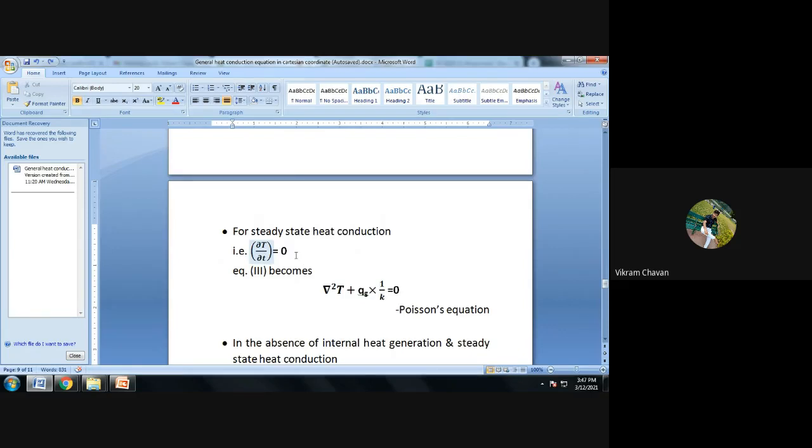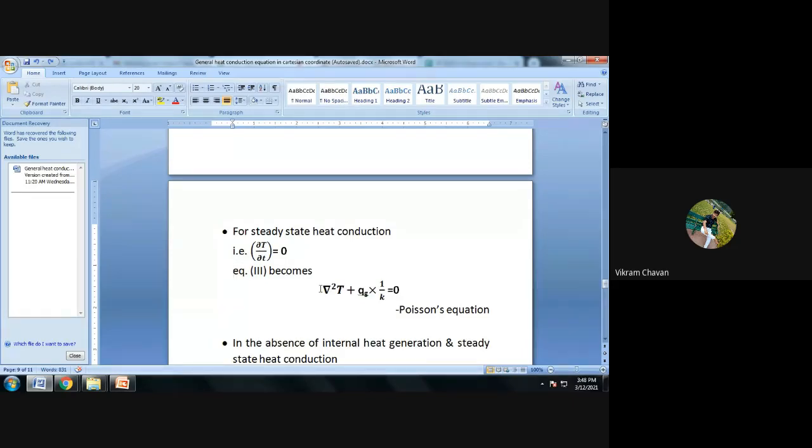When we modify equation number 3 by applying the steady state assumption, we get del square T plus Q suffix G multiplied by 1 upon K equal to 0, or del square T plus Qg divided by K equal to 0.